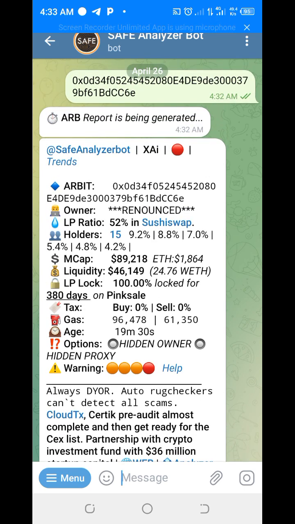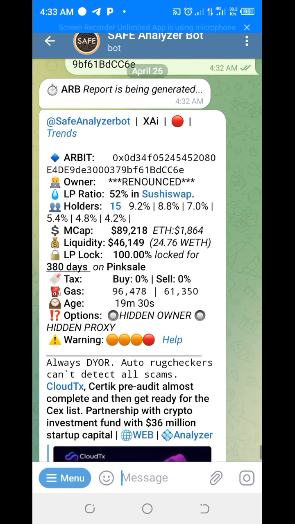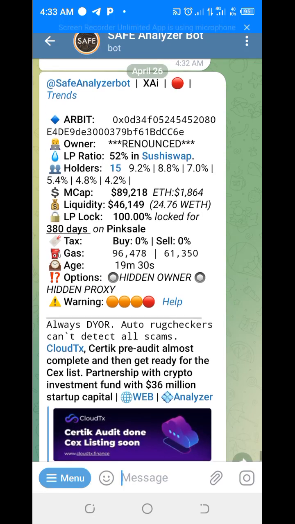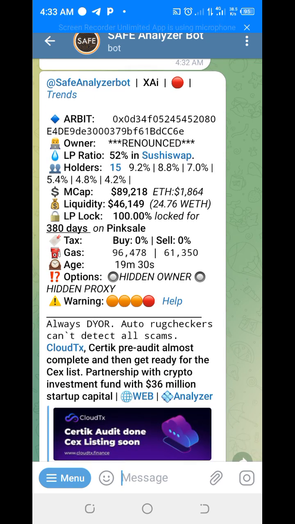When you paste it, the bot will tell you whether the contract address is renounced, the liquidity pool ratio, and where the liquidity is being added, as this one is being added on SushiSwap. Then the holders and the percentage they're holding. The first holder here is holding 9.2%, 8.8%, 7.8%, and thereabout.